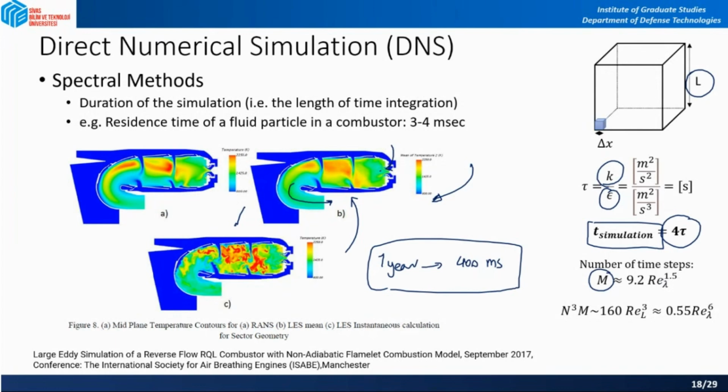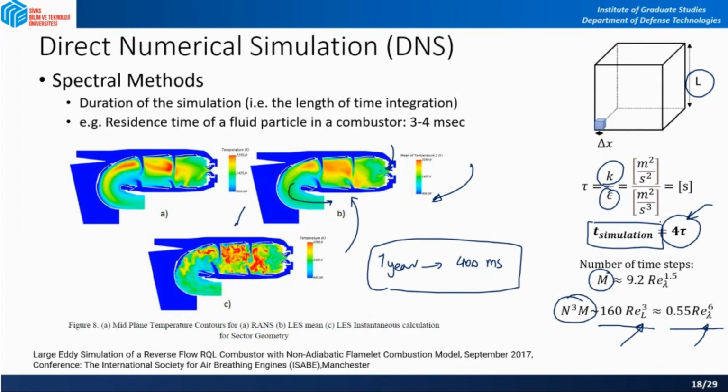When you combine the estimation of N cubed with this m, the number of time steps, your N cubed times m scales with this number, based on both the Taylor-based Reynolds number and the global Reynolds number. So this N cubed times m is basically the total number of operations that your computer has to do to finish a simulation that takes 4 times tau seconds.